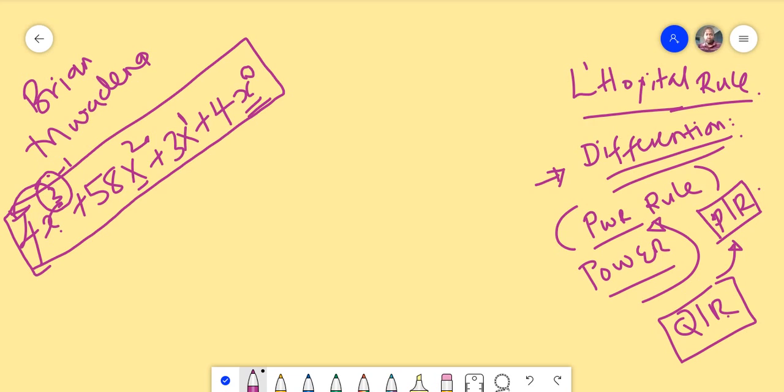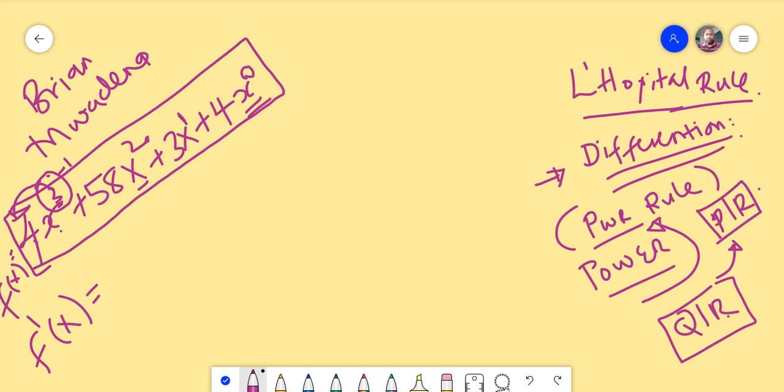If this is f of x, then f prime of x, which I said is the first derivative, will be, here the power is 3, so I'll take 3, multiply by 4. I drop the power, and then subtract 1 to get the new power.